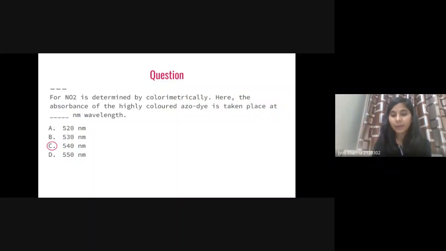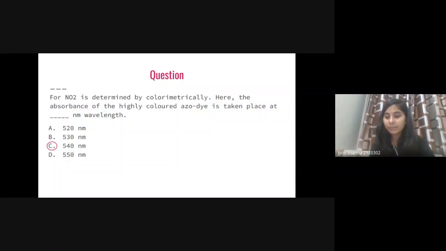Keep in mind we are developing some color, and this color will absorb the radiation that we pass through the cuvette. How much radiation is absorbed by that color will give you the concentration of that particular compound, for example sulfur dioxide and nitrogen dioxide.